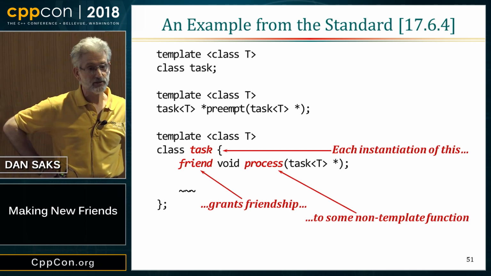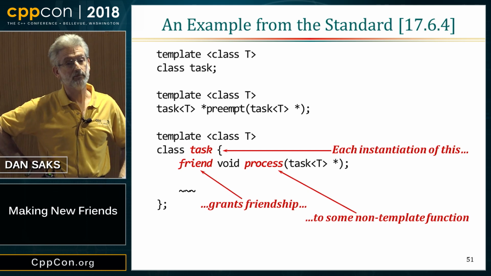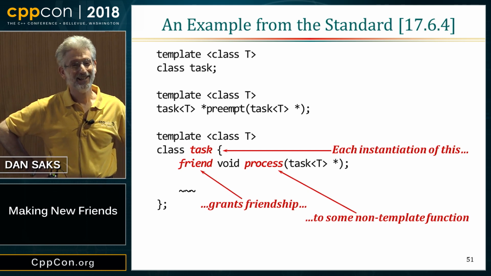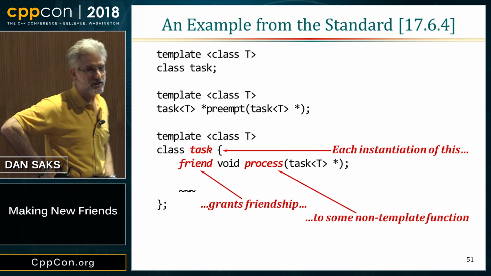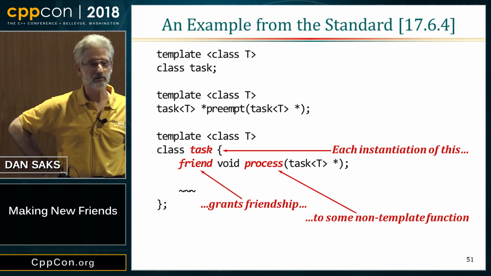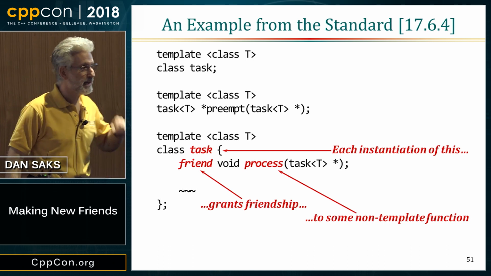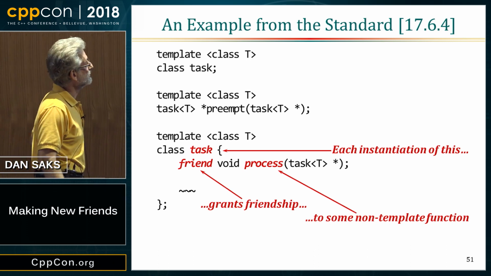But that process function itself is not a template. It's not defined. That's right. In other words, I granted friendship to something that wasn't defined anywhere. That's what's happening. Kind of curious.